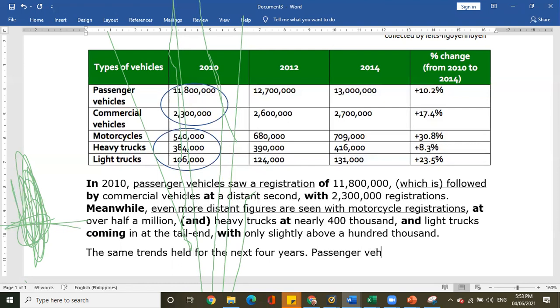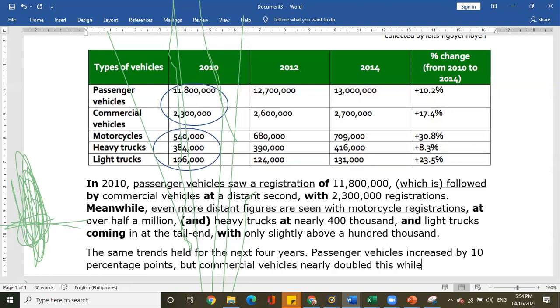Passenger vehicles increased by 10 percentage points there. That's your SVO, comma, and then conjunction but commercial vehicles nearly doubled this number at 17.4%.